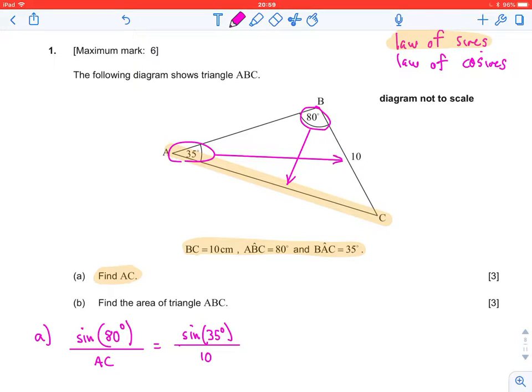So we can take this, cross multiply. AC is going to be equal to 10 sine of 80 degrees divided by sine of 35 degrees.